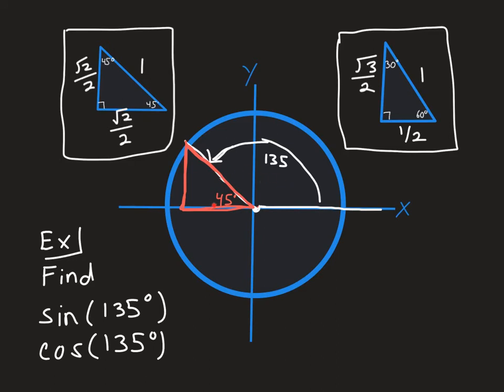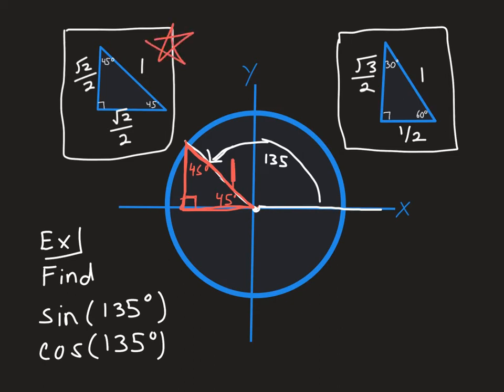So I know I'm looking good so far. Okay, and this is a vertical and a horizontal, so that's going to be 90, and that creates another 45 degrees up here. So I now have a 45, 45, 90 triangle. And since this is in the unit circle, I know that my hypotenuse is 1, and I'm going to be using this information right here.